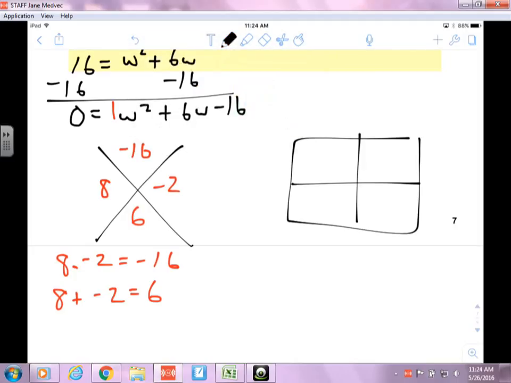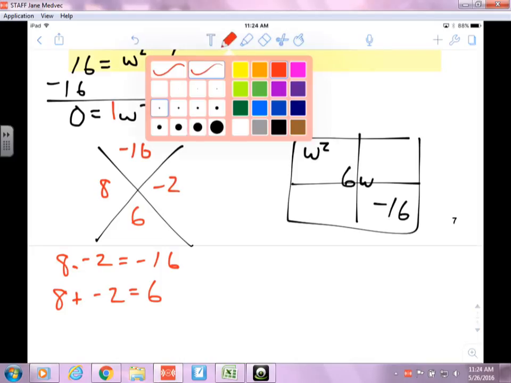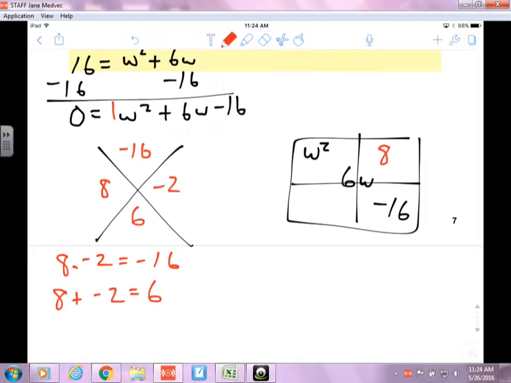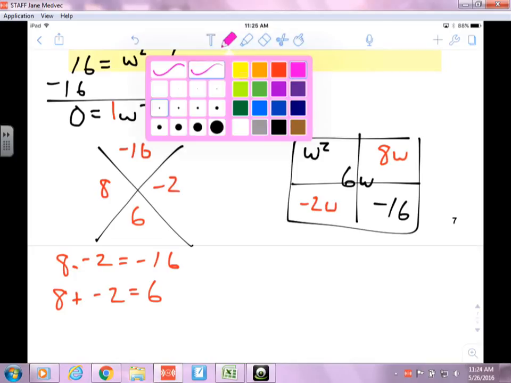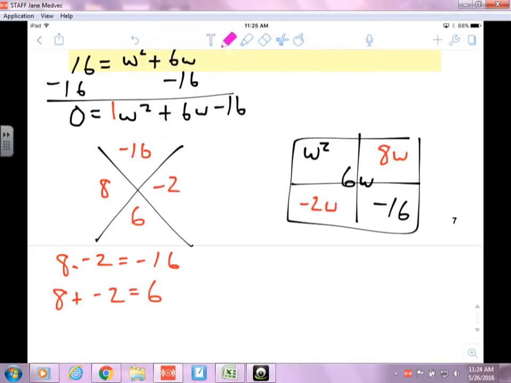Okay, so then I put my W squared, 6W, and negative 16 in my box. Okay, I'm going to put 8W and negative 2W, and again, those can flip-flop. So what times what gives me W squared? W and W. What times W gives me 8W? And then negative 2.